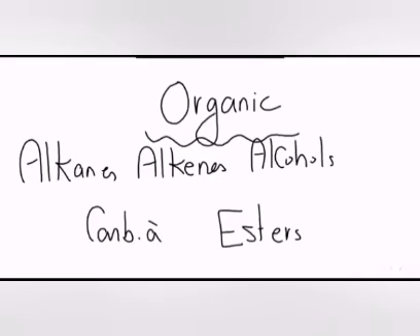Now, alkanes have the general formula CnH2n+2. I'm going to give a brief hint about each homologous series.